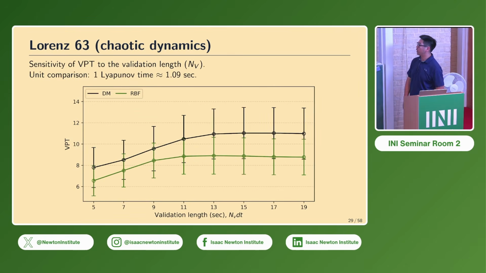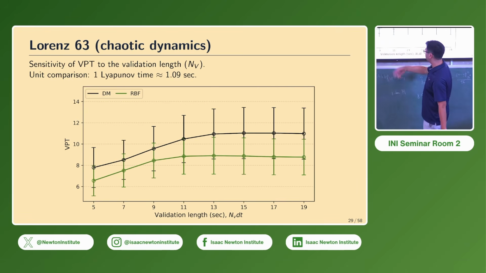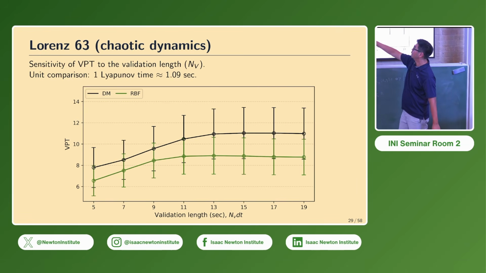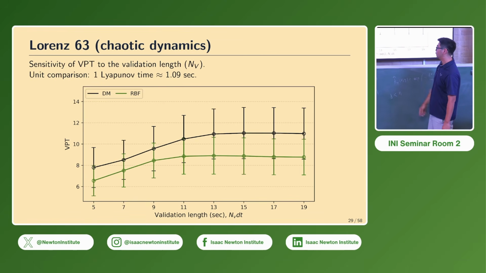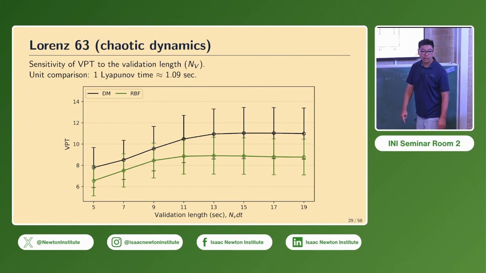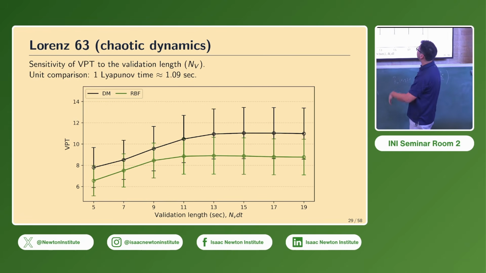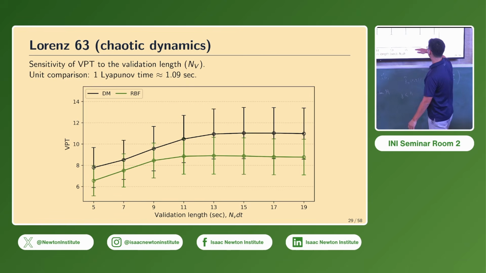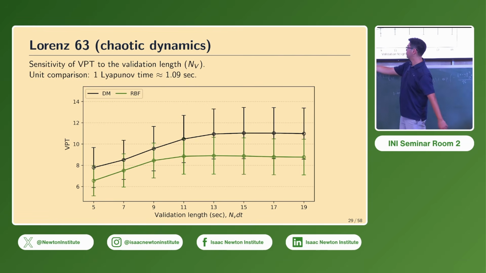So here's a test VPT, the higher the better, using two different kernels. The diffusion maps kernel is the black, the green is the RBF kernel, as a function of your validation length. I keep forgetting to ask my student to replace the x-axis with the Lyapunov time, but one Lyapunov time is about 1.9, so this is about 5.